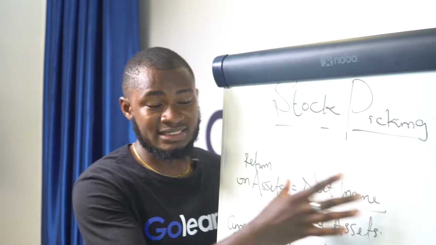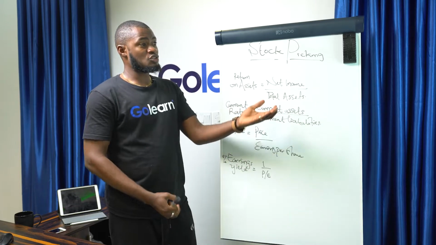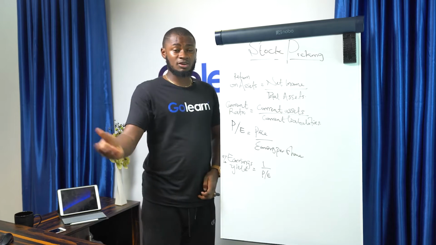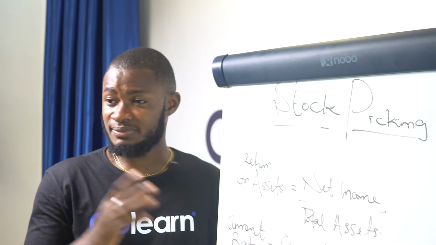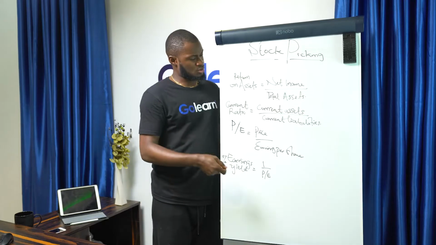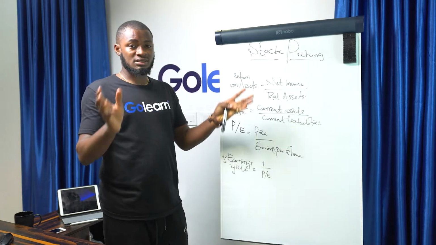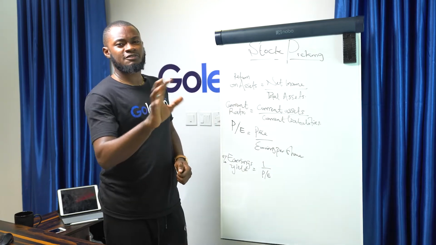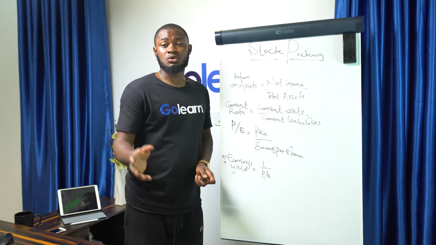So you take the net income. Remember from the previous module, I said net income is revenues minus expenses. So revenues less expenses is net income. When I take the net income and divide it by the total assets that the enterprise owns, you'll be able to know the return on assets. A healthy company depends on the economic situation and on the industry or the sector we are in.